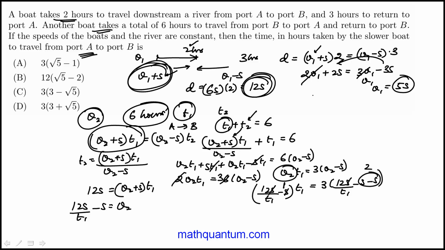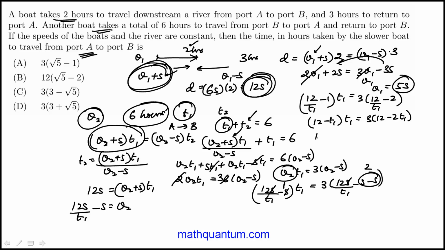So a little bit messy here, but actually let me write down the intermediate step without the s. So multiplying both sides by t sub 1, that would become that, and 12 minus 2 t1.